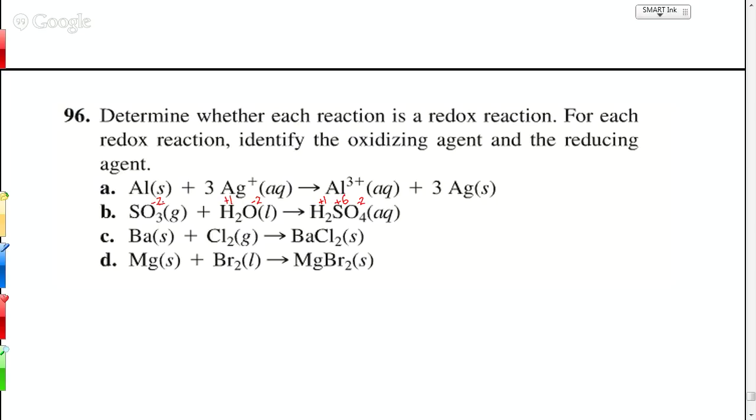So then what does sulfur have to be? +6. So you can see then that oxidation states do not change. Sulfur starts at +6, ends at +6. Oxygen starts at -2, ends at -2. Hydrogen starts at +1, ends at +1. Right, so no change there means not redox.